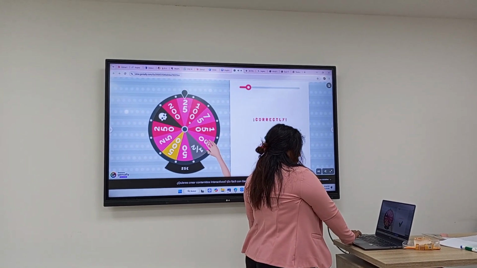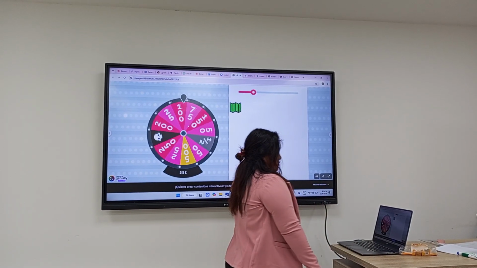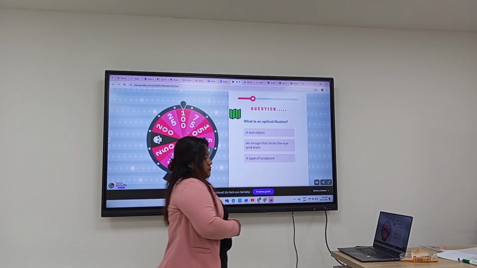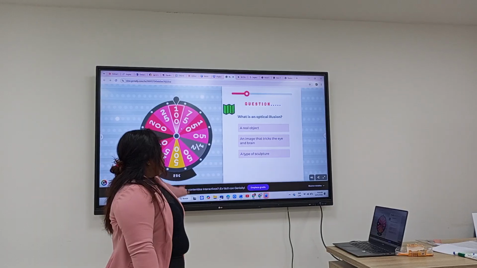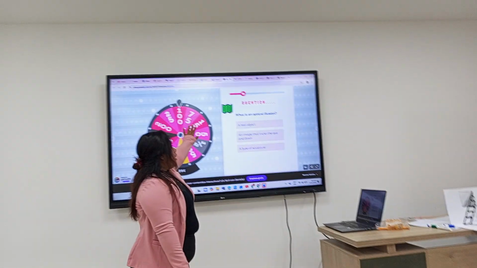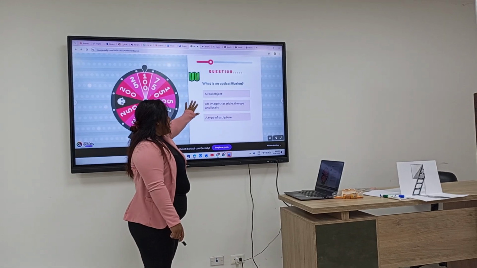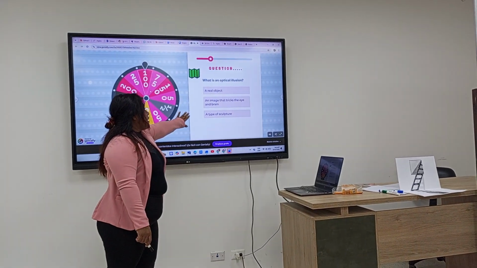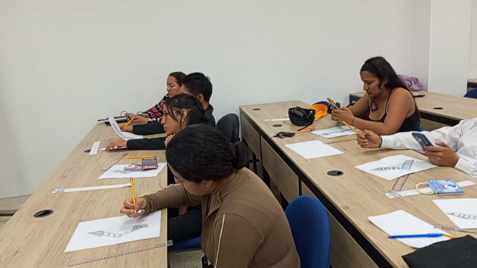Correct. What is an optical illusion? A real object, an image that tricks the eye and brain, or a type of sculpture? The second option, an image that tricks the eyes and brain.